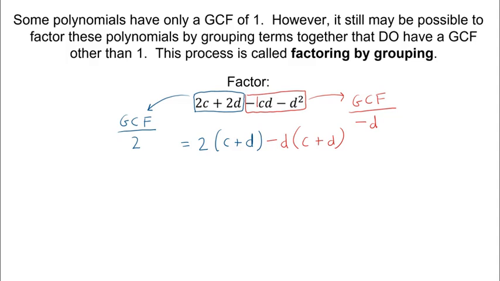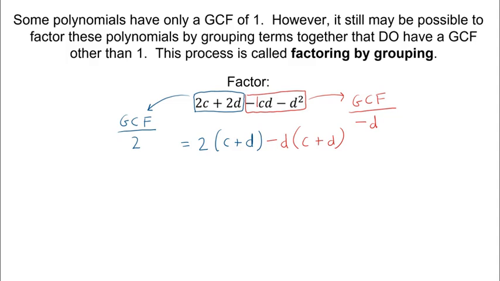Now we have a 2-term expression that we need to continue factoring. The first term in that expression is 2 times the sum c plus d. And the second term is minus d times the sum c plus d. Can you see the binomial GCF in those two terms?